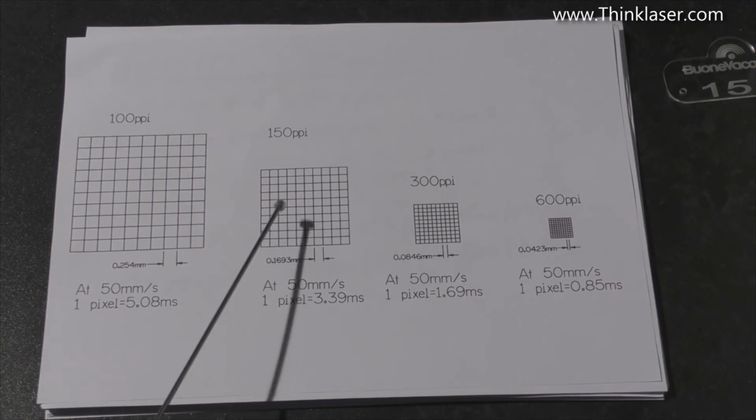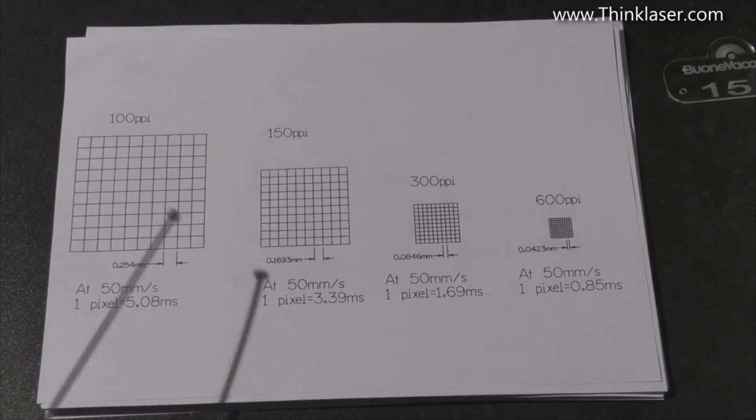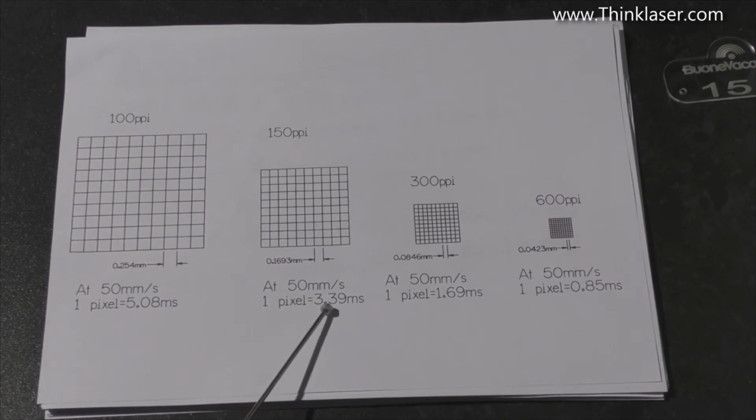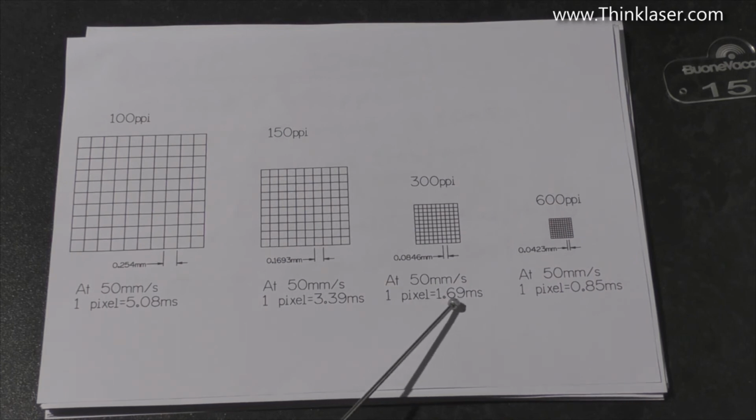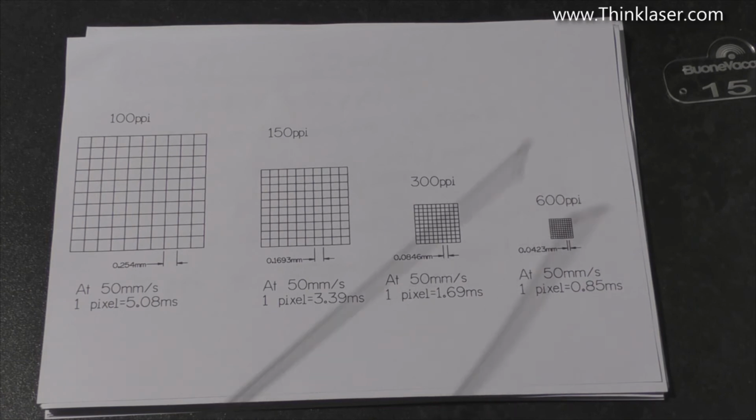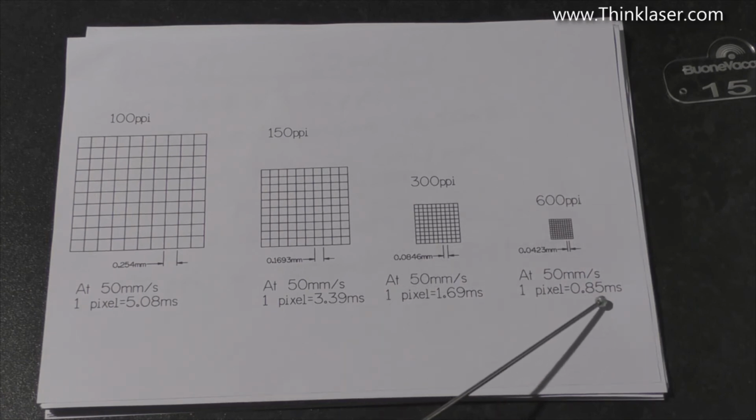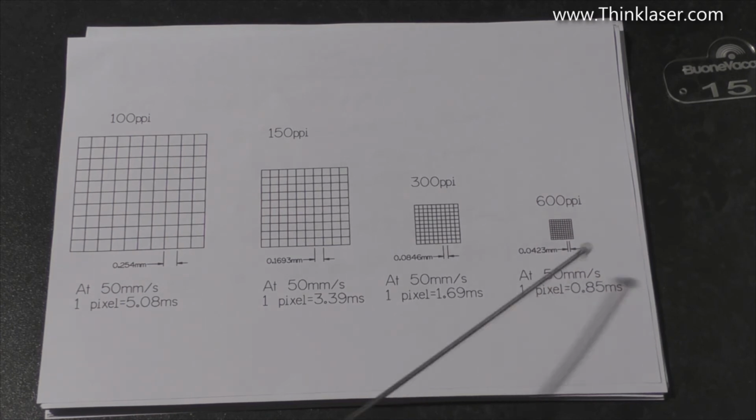Now, if we go to 150 pixels per inch, that changes to 3.39 milliseconds as opposed to 5. And when we get to 300 pixels per inch, it's down at 1.69 milliseconds. And at 600 pixels per inch, it's down at 0.85 milliseconds. So we're getting incredibly short periods of time allowed for every pixel.